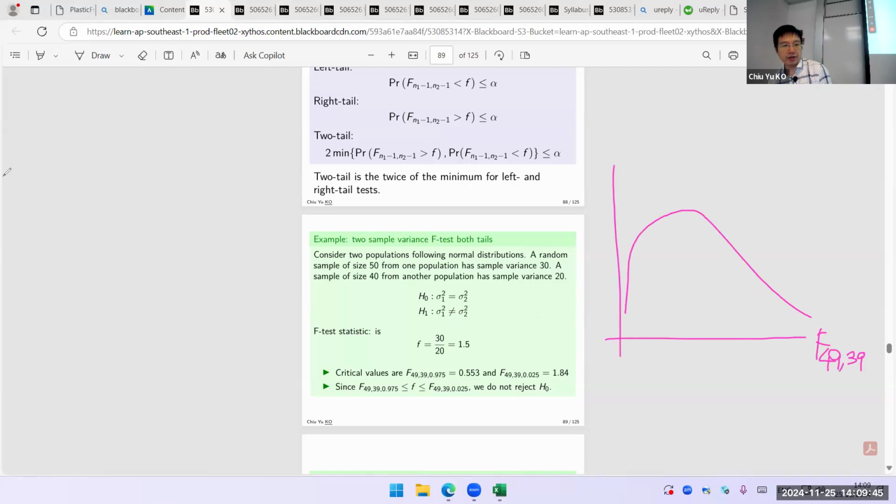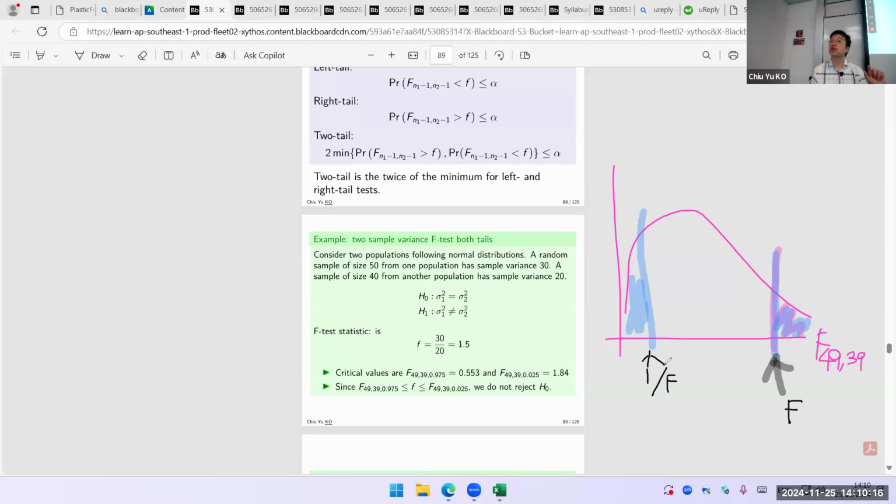So two tails actually means that I have 5% here and 5% here. Usually the F table gives you this value. The reason they only give you one value is actually very simple. If this is F, this is 1 over F, the same thing.